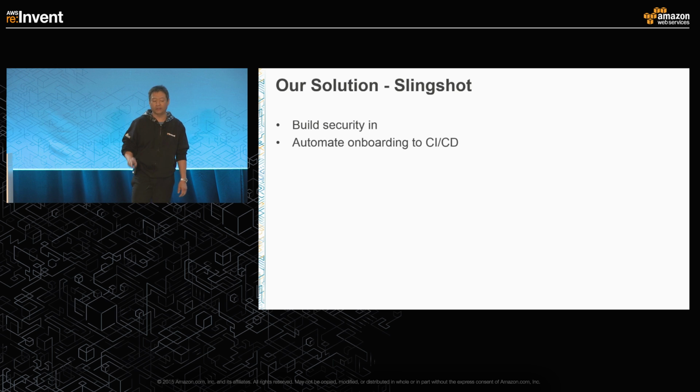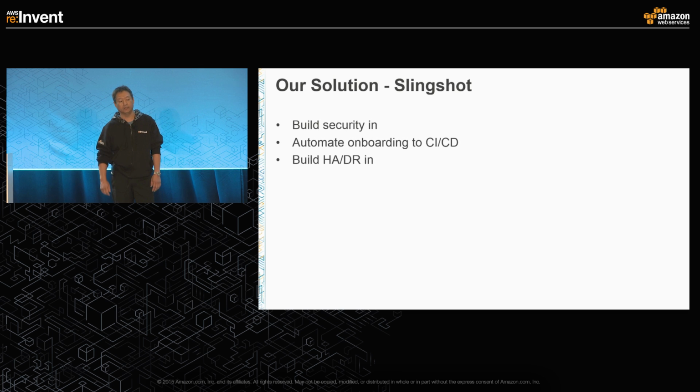Next, we automated the entire onboarding process into CI/CD. So all you really need to do is provide your code and your test. And finally, we built in HADR, high availability disaster recovery, into Slingshot. So this means actually hosting our application in multi-AZs, or availability zones.